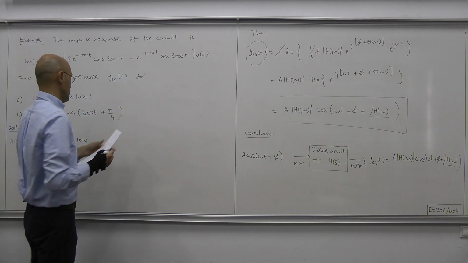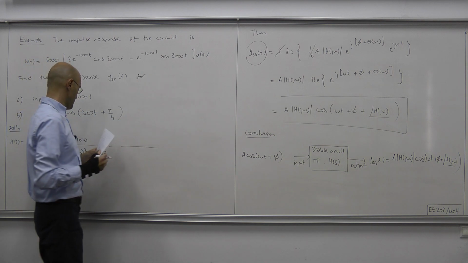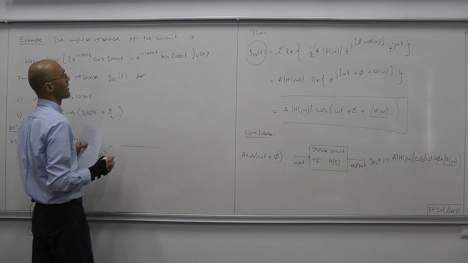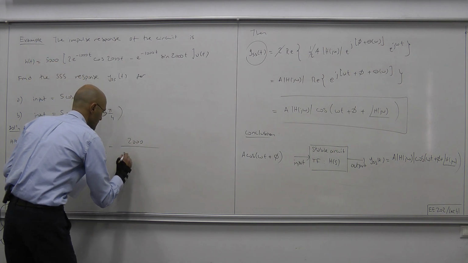And here we have the sine term, that's minus ω over (s plus 1000) squared plus ω squared, so ω is 2000, over the same denominator.